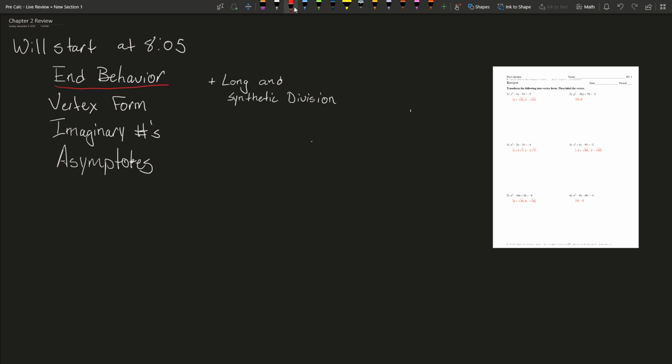First thing in this chapter that we went over was end behavior, and there's a couple of things we need to know, and basically you should memorize, which is degree and leading coefficient.